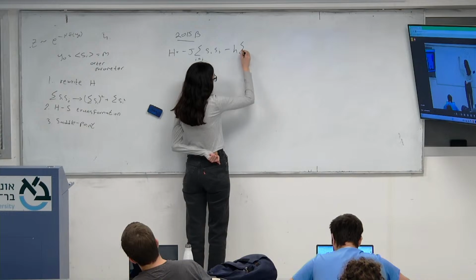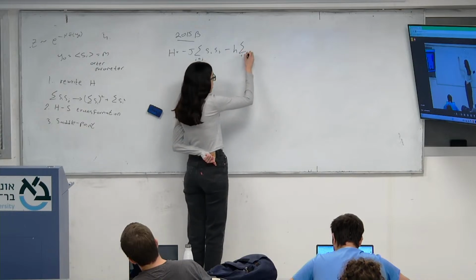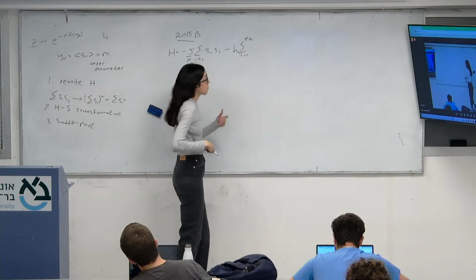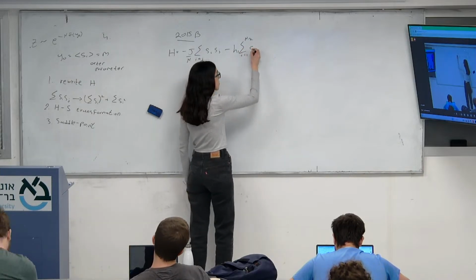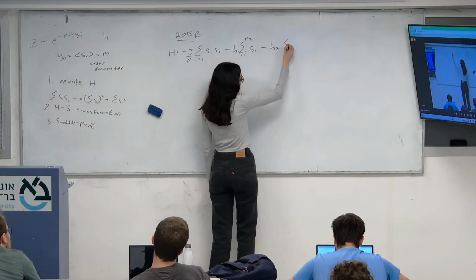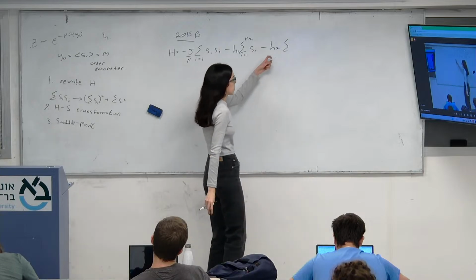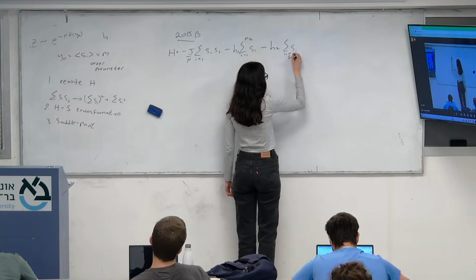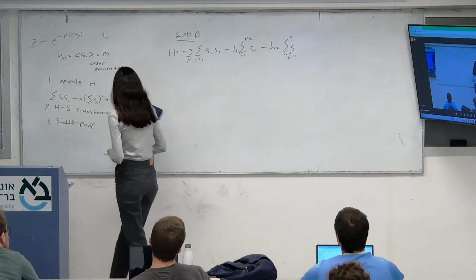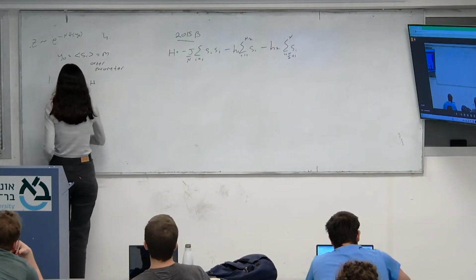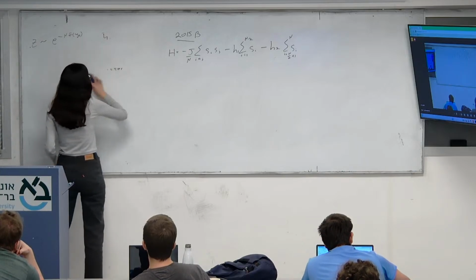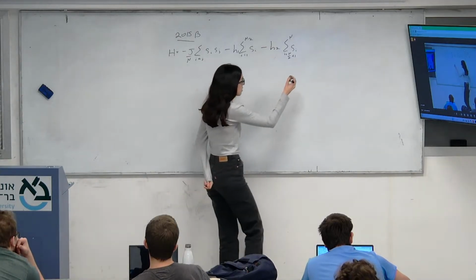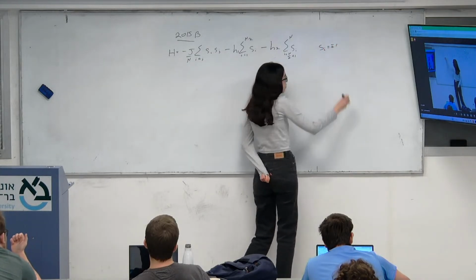You have the first one for all of the particles from i equal 1 to n over 2 feeling a magnetic field H1, and all of the second half of the particles are going to feel a magnetic field H2. And Si is only equal to plus minus 1.